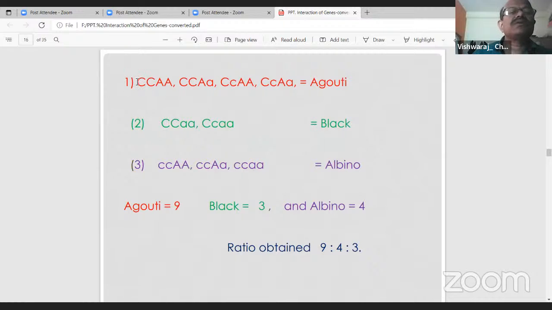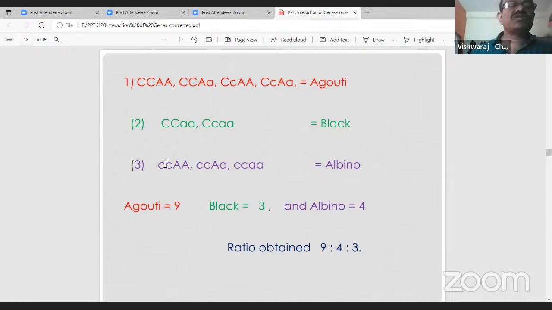These types of gametes produce agouti: capital C capital A, capital C small a, capital C small c capital A, capital C small c small a. Agouti is produced when these gametes appear. For black, capital C small a, capital C small a produce black.